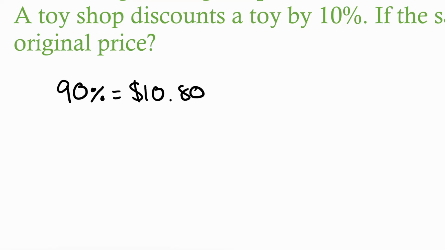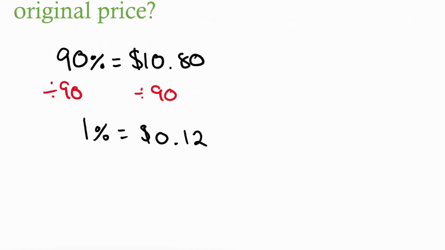Why we call this the unitary method is because we're trying to find what 1 unit is worth. To do that, I'm going to divide everything by 90. So 90 divided by 90 is 1%, and $10.80 divided by 90 is 12 cents, but I'm going to keep it as dollars.